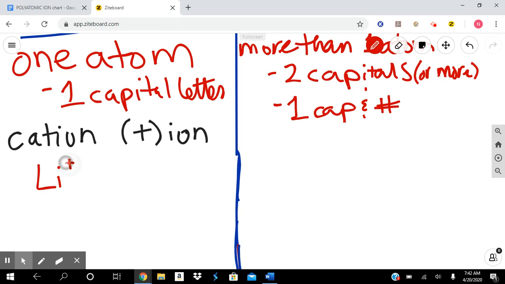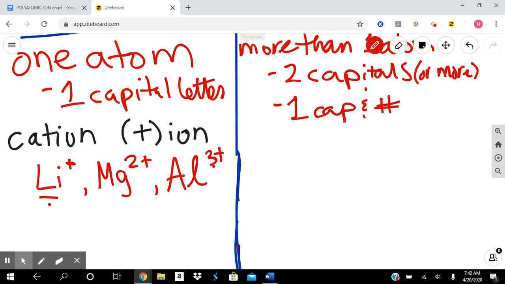We had ones that were 2+, like magnesium. We had some that were 3+, like aluminum. Now, their charge is more than one, but there's one capital letter, and that's what makes these monatomic cations.